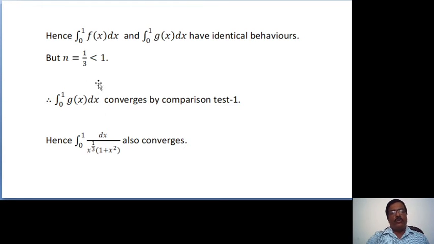Since these two have identical behavior, when this one is convergent, the integral from 0 to 1 of dx divided by x raised to 1 by 3 into 1 plus x square is also convergent.